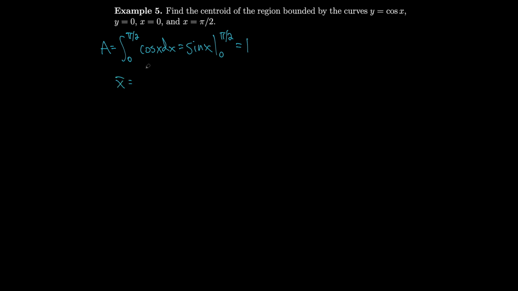So that's going to be 1 over our area times the integral from 0 to pi over 2 of x f of x dx.